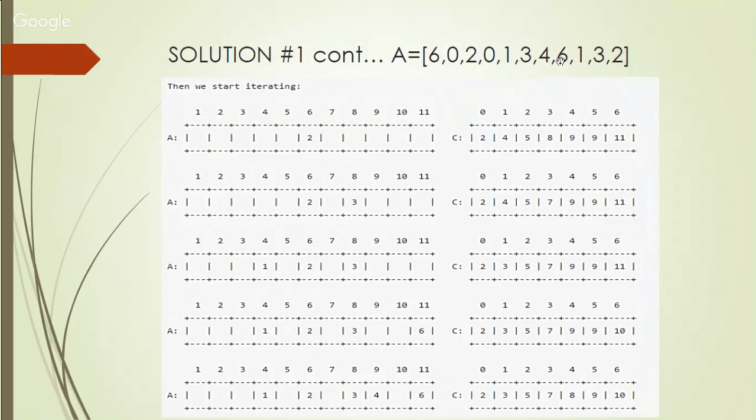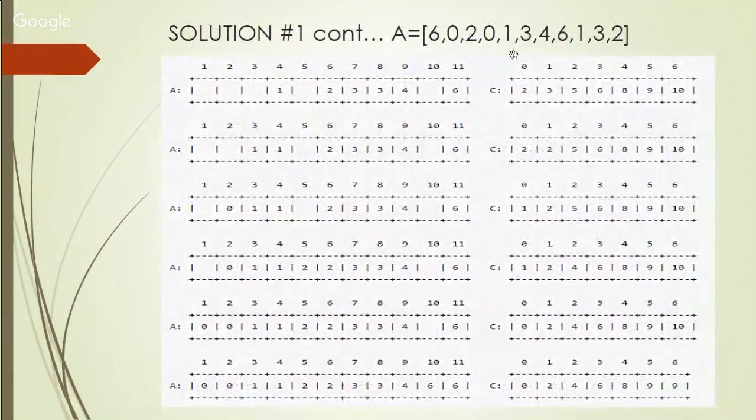Move to 6. 6 is at position 11. So we shall come here and put it at position 11, and therefore subtract 1, find 10. The next item is 4. 4 is at position 9. So we shall come here and put it at position 9. Then subtract 1, comes position 8.